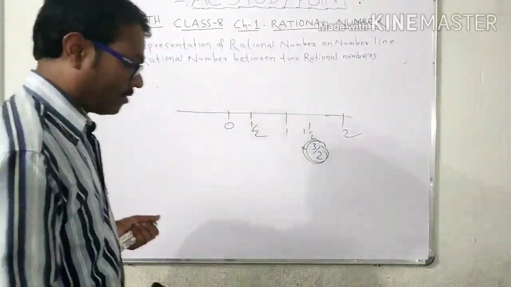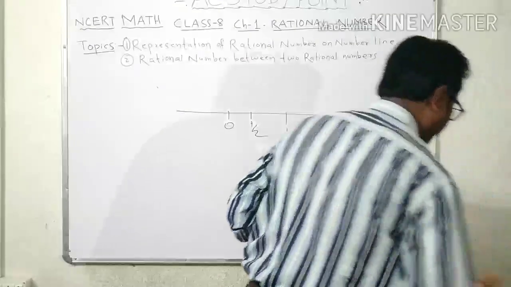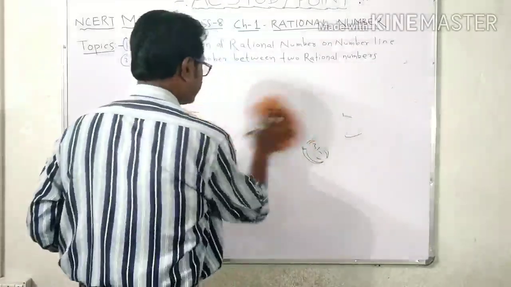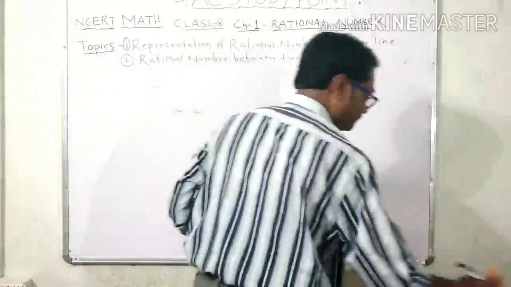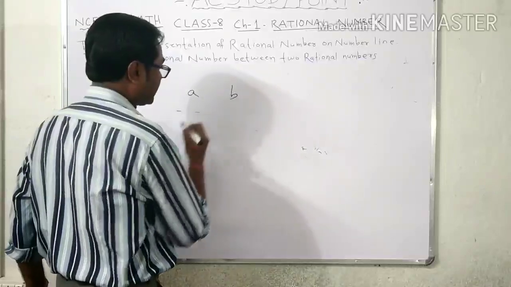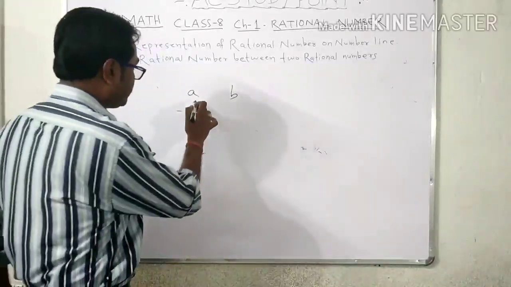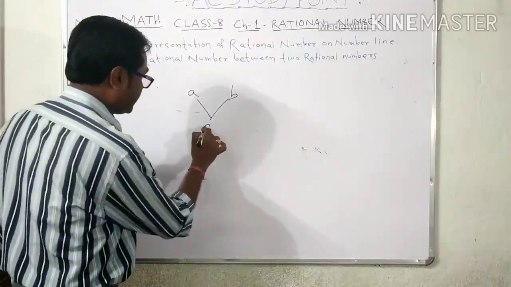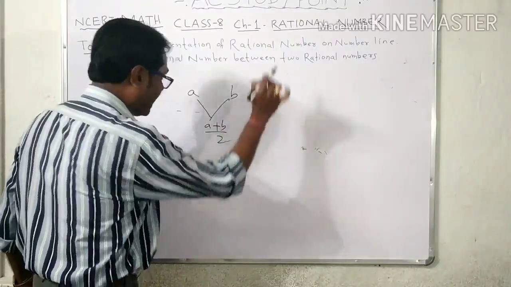So how do we find them? Very simple. Suppose A is a rational number and B is a rational number. In between these two, one rational number lies, that is (A plus B) by 2.